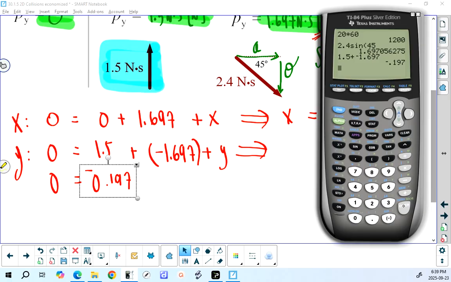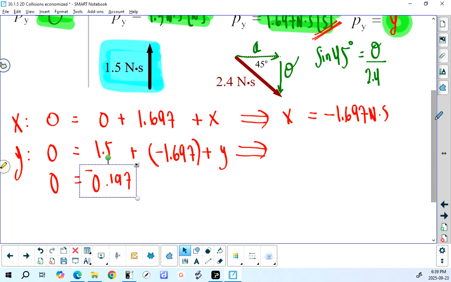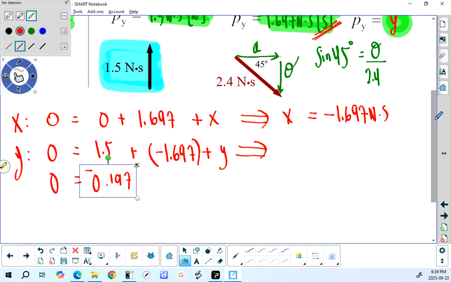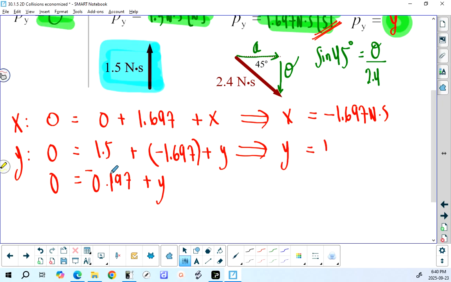That's right, 0.197. So now I have to solve this equation. I have my plus y, so I add 0.197 to both sides, and I end up with y equals positive 0.197 Newton seconds.